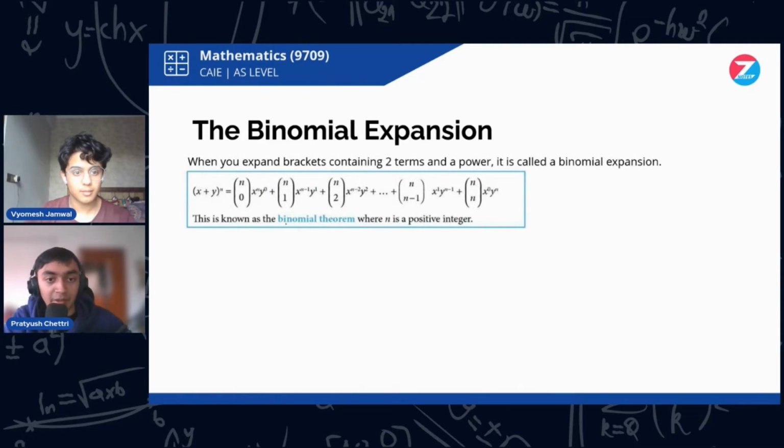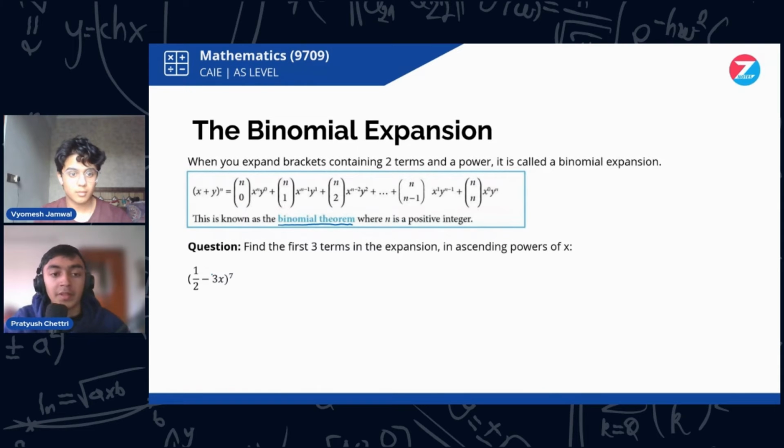And this is called the binomial theorem, which is like a subset of the binomial expansion, which only works for positive integers. So that's your nCr right there.